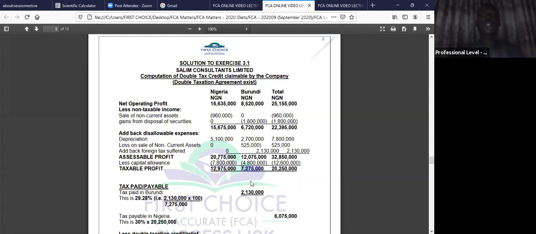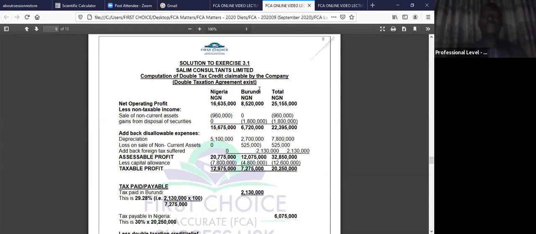And when you do that, you are going to get 29.28. 29.28 is still equivalent to this amount of tax that you have paid here. Okay? So this is the tax payable in Burundi.